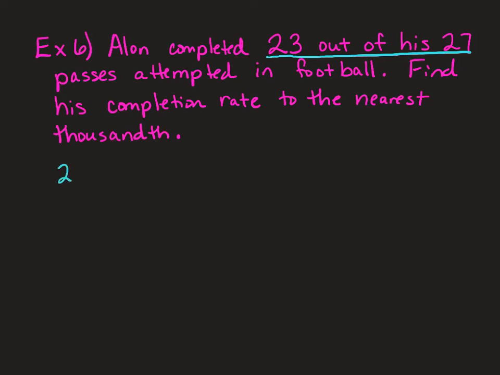And we can write that as a fraction, 23 out of 27. That phrase out of often indicates a fraction, a portion of a larger portion. So we want to write this to the thousandth, which indicates a decimal. So we're going to change from a fraction to a decimal by dividing.